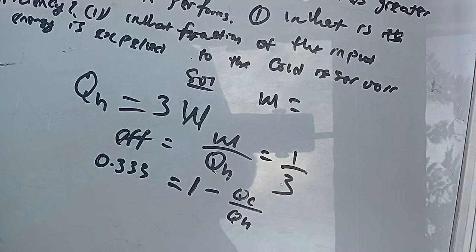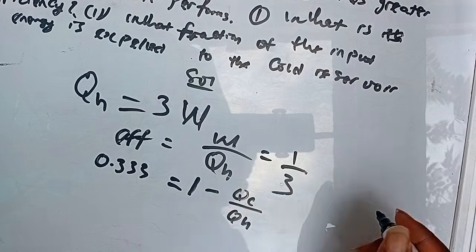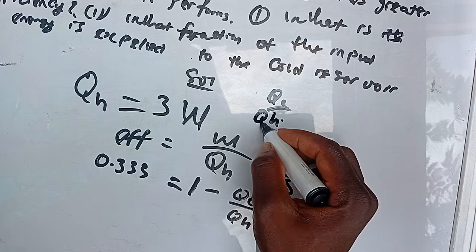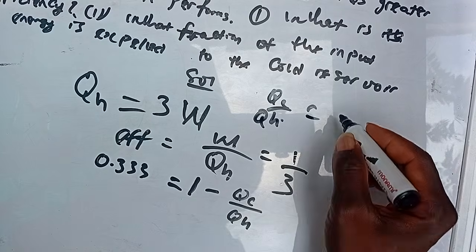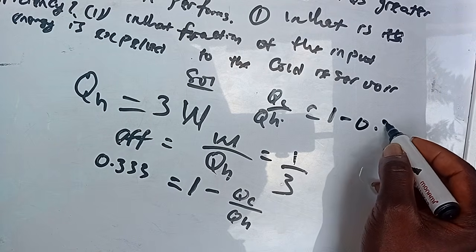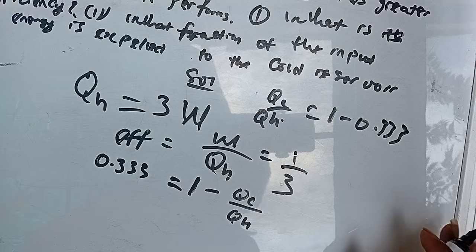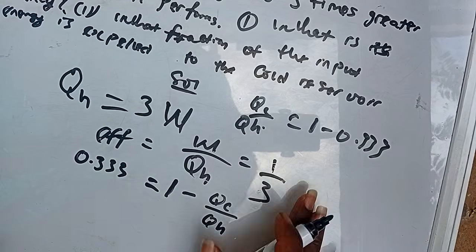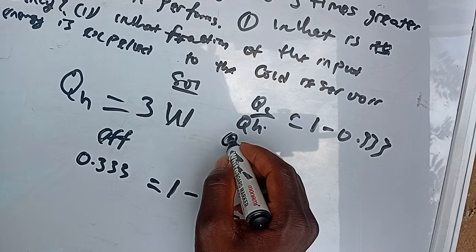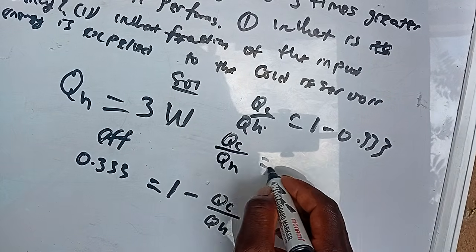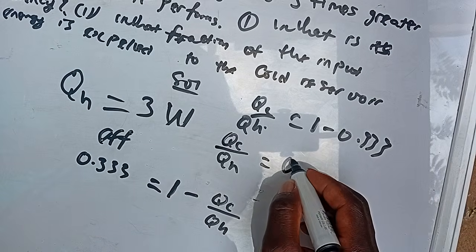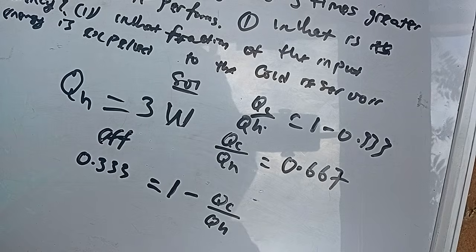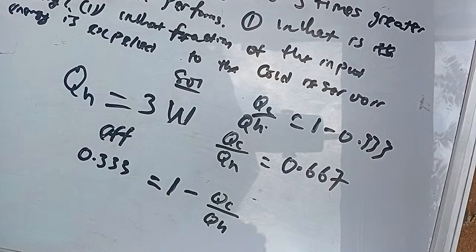Now let's take this to the other side. QC over QH equals 1 minus 0.333. Are we together? At the end of the day, QC over QH equals, if you subtract this, 0.667.